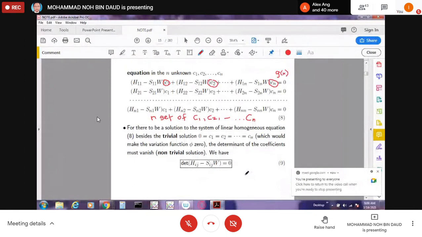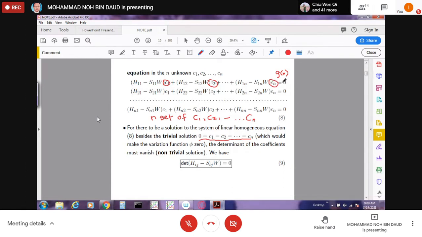There are two kinds of solutions. The first solution is when we set all the coefficients to be 0. So this is a trivial solution. When we set C1, C2, up to Cn to 0, you will get 0. This is one of the solutions for these simultaneous equations.